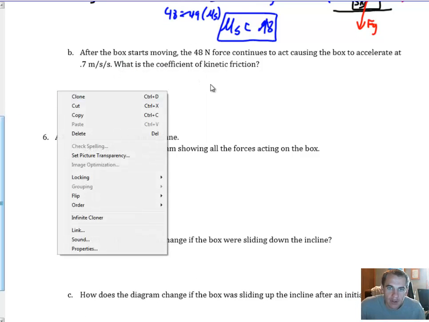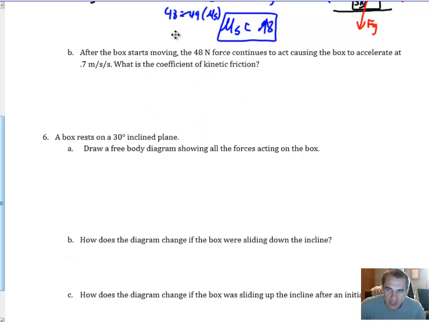Okay, look, after the box starts moving, a 48 Newton force continues to act, causing the box to accelerate at 0.7 meters per second squared. What is the coefficient of kinetic friction? Now I'm going to redraw my picture because now I'm looking for mu k. Same equation: Fk equals normal force times the coefficient of kinetic friction.